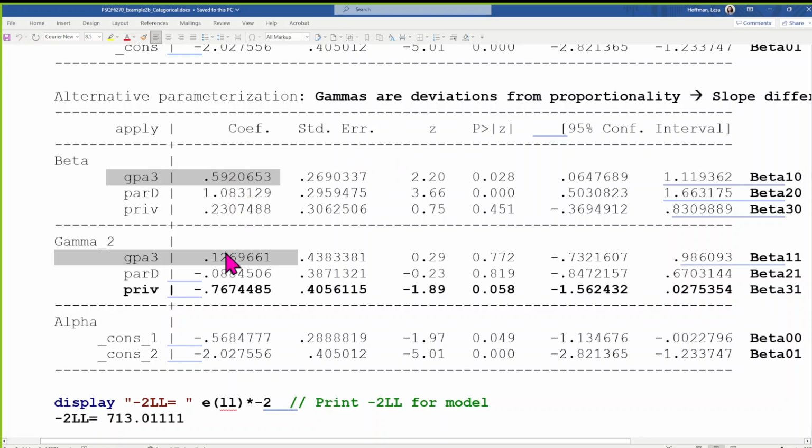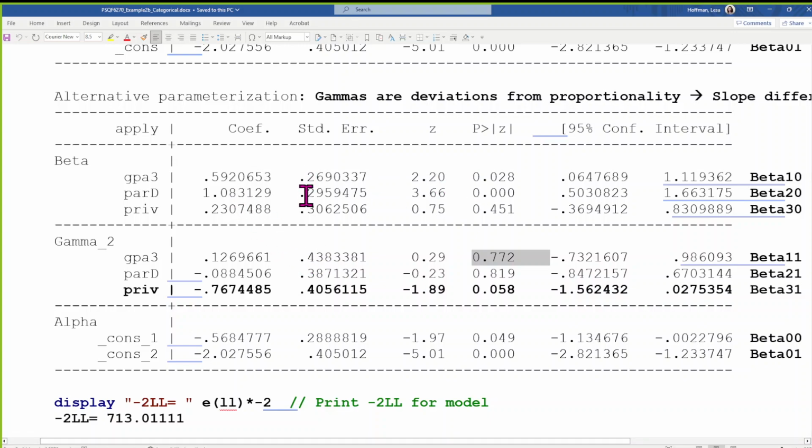So the way that I would interpret this gamma 2 number here is that the slope of GPA is more positive in the submodel predicting 2 by 0.12 than it is in the submodel predicting 1 or 2. But if I look at the p-value, it's not significantly more positive. So it's numerically more positive, but not distinguishable statistically.